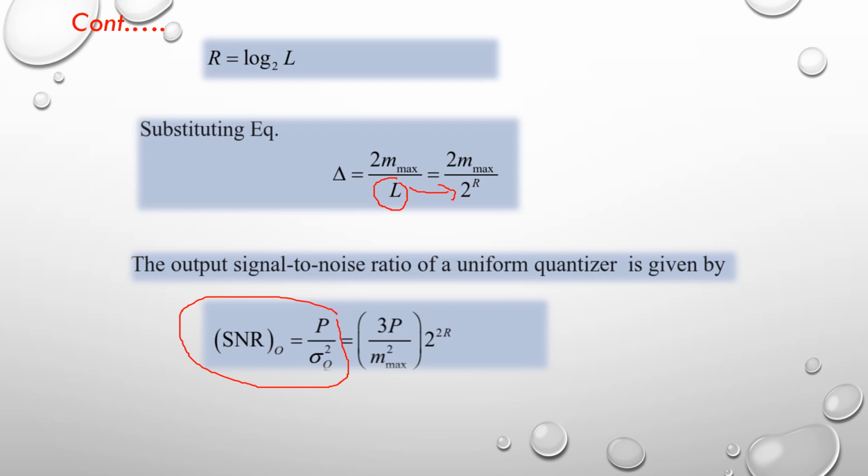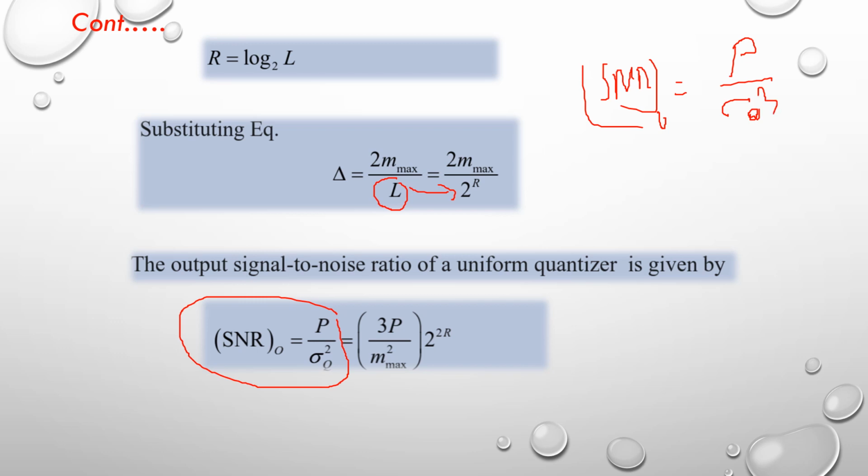We may express the output signal to noise ratio as P divided by sigma q squared.